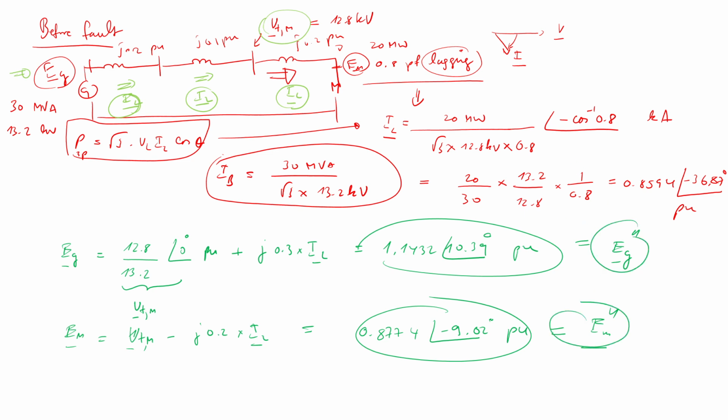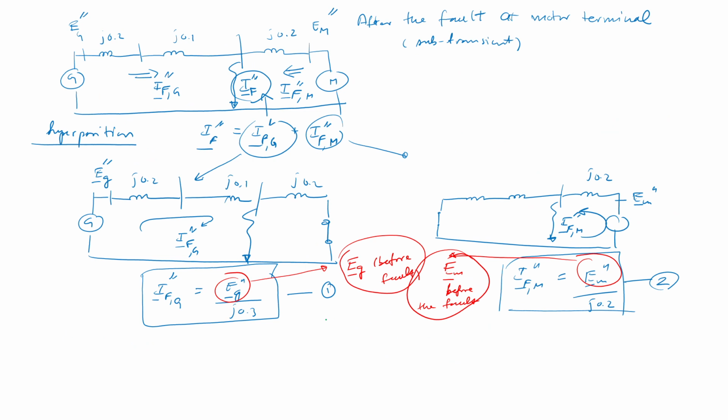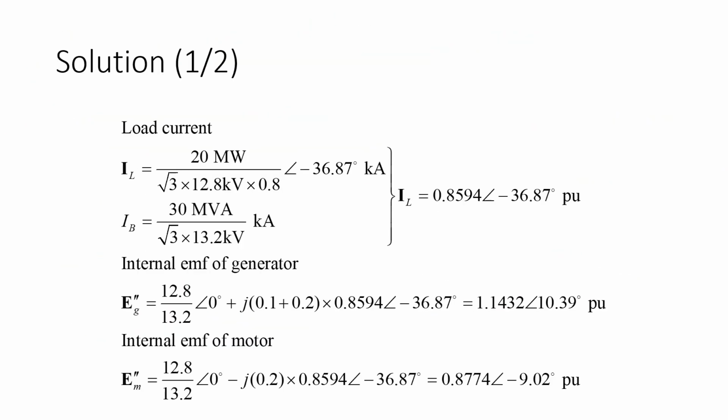Knowing these two, you can put these values back into equation number 1 and equation number 2. You can find IFG and IFM during the subtransient period, right? Which is here. I have put all the calculations for your reference. You can go through this again.